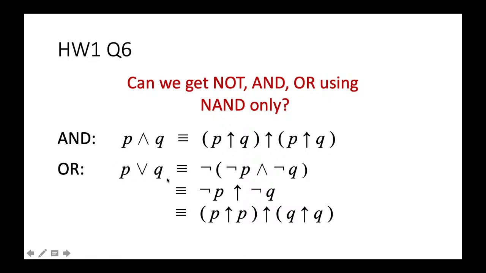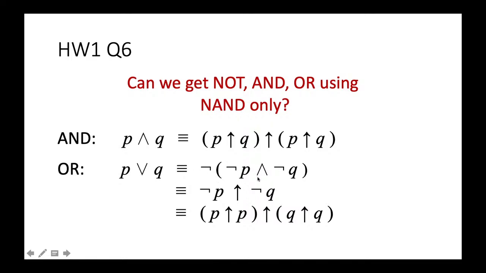By using De Morgan's law, P or Q is the negation of not P and not Q. If you double check whether this is true, because there is a negation: when we apply the negation in De Morgan's law, not P becomes P, AND becomes OR, not Q becomes Q. So the negation of not P and not Q is exactly P or Q.